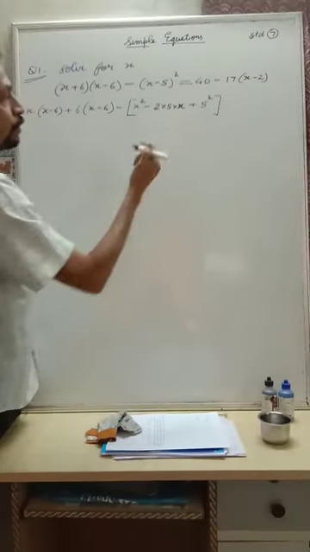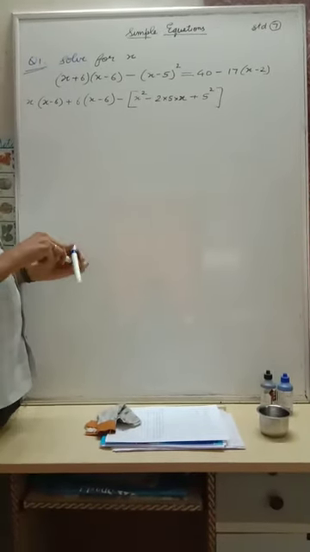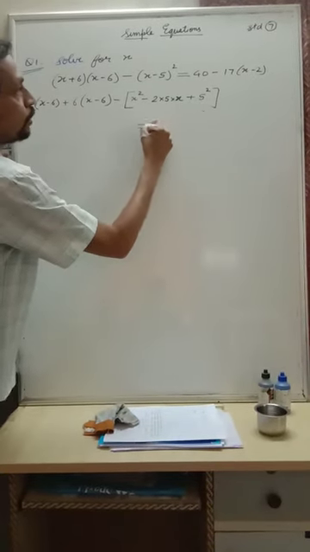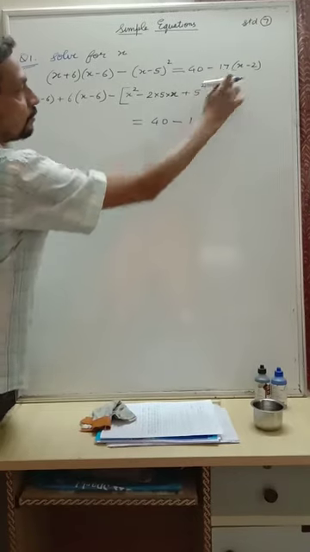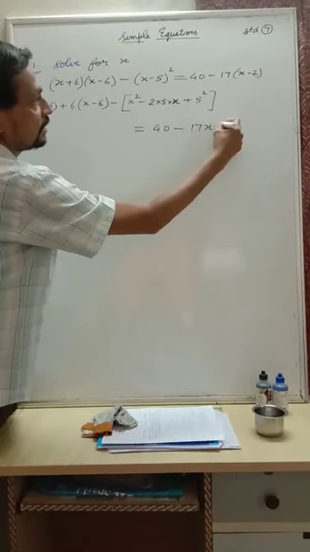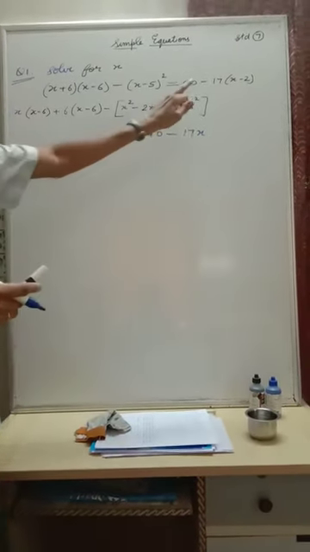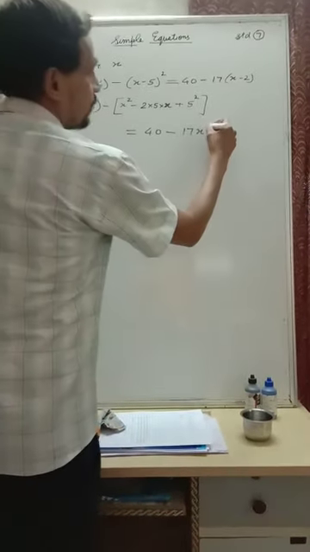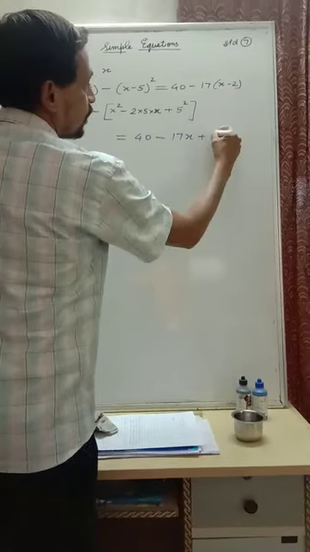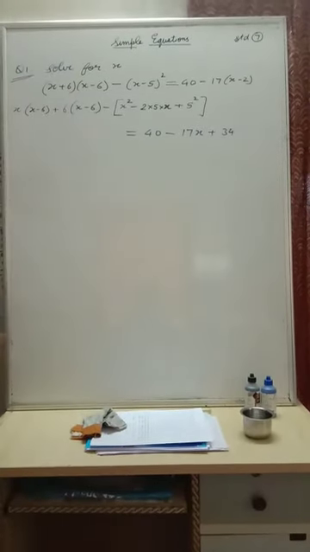Then I have an equal to sign. This is equal to 40 minus 17 multiplied by x, so that is 17x. And here, this is minus multiplied by minus, so this is plus. So this is plus 17 2s are 34. Hope you are getting this.